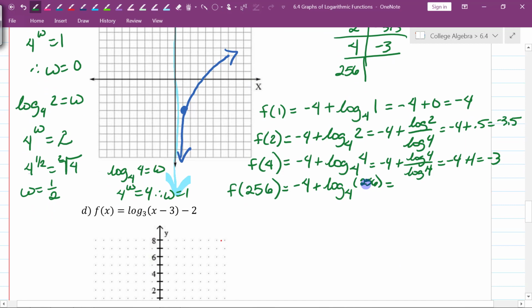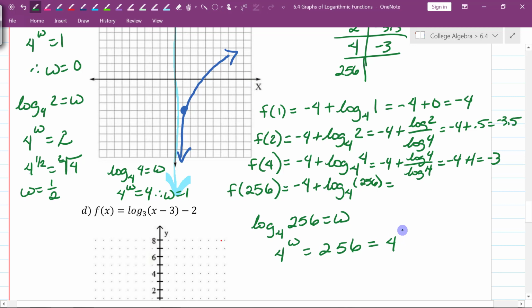Log base 4 of 256 equals w. Write it as an exponential. 4 to the w equals 256. So now what I'm going to have to do is try to get 256 to base 4. So I need to find out 4 raised to what equals 256.